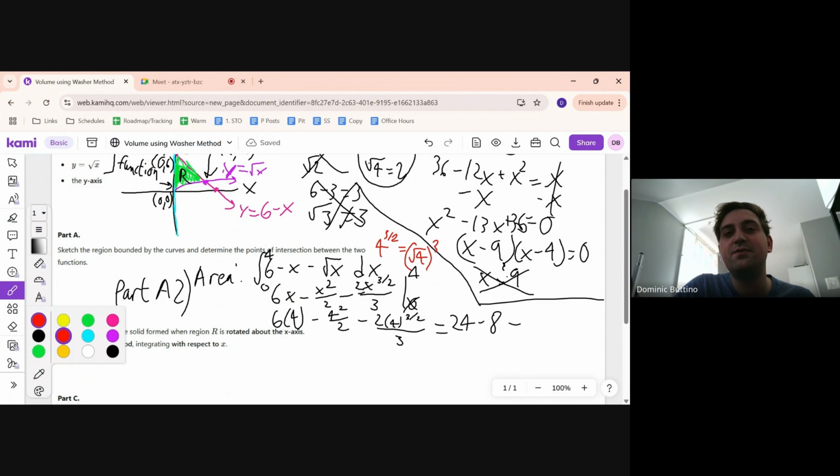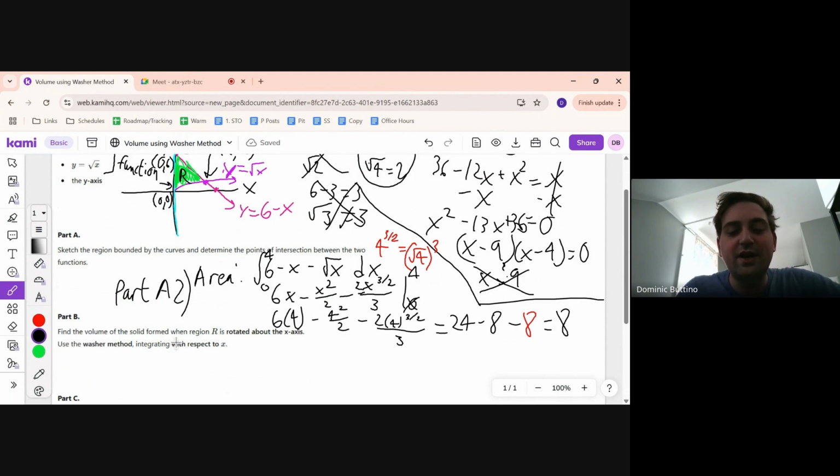It's the square root of 4 to the 3rd power. Again, we're assuming we're not allowed to use a calculator here. So square root of 4 is 2, cubed gives you 8. 24 minus 8 is 16, minus 8 is 8. And that is the overall area of the region.